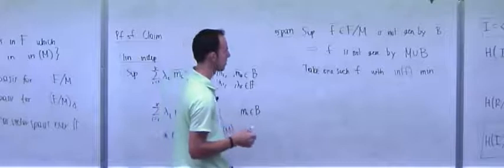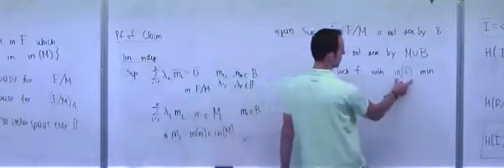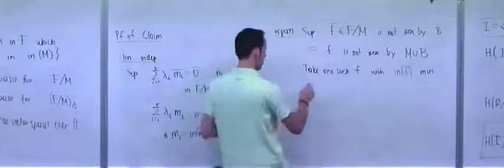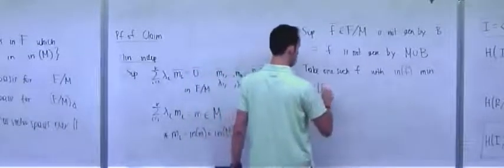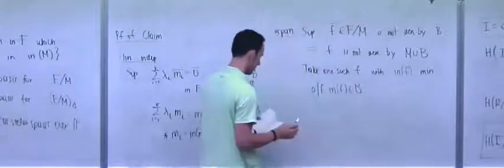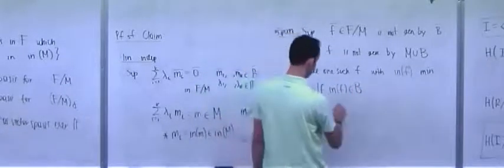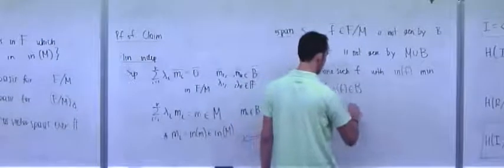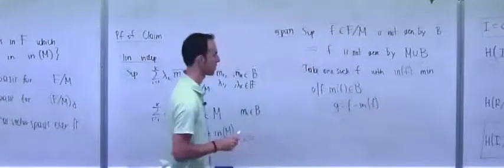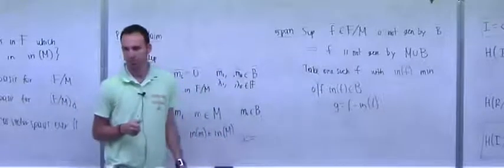So now I'm going to consider two cases. Either the initial term of f is in B or it's not in B. First case, the initial term of f is in B. Then I'm going to look at the polynomial g, which is f minus its initial term.